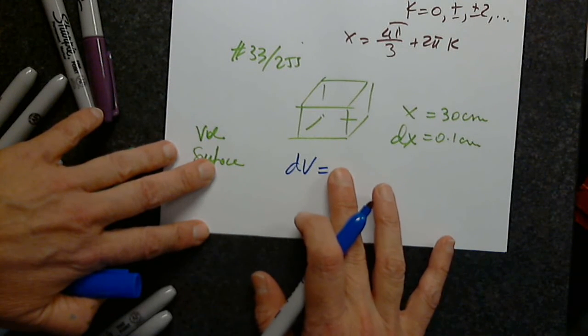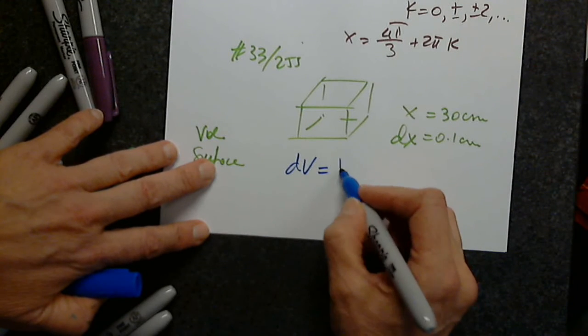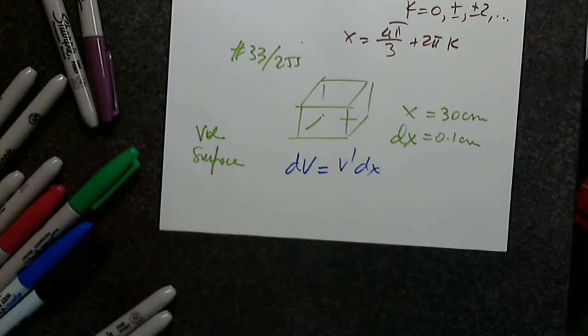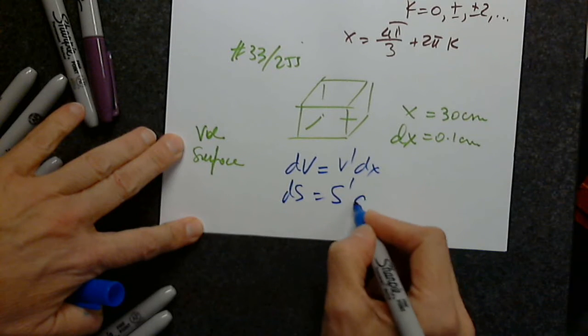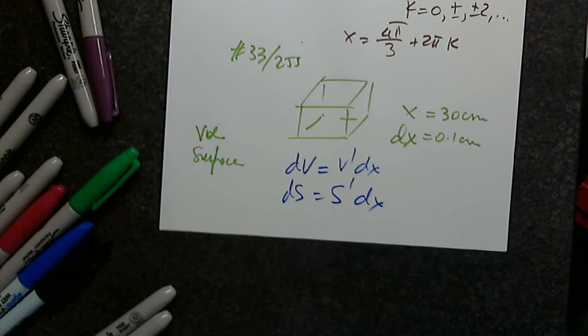It has to be V prime dx. There is nothing else. If I'm asked to find dy, it must be y prime times dx. If I'm asked to find dS, it must be S prime times dx, right? It's the differential of that function.